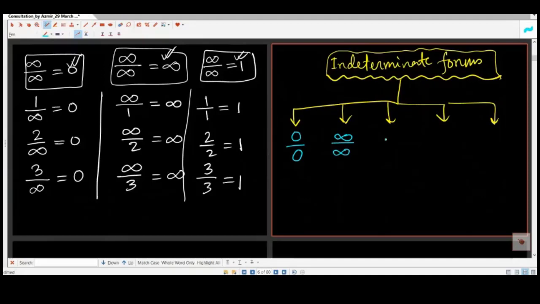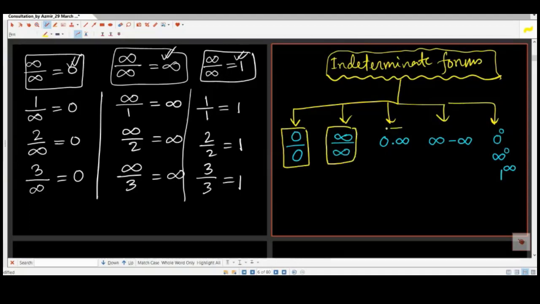The third type is 0 times infinity. The fourth type is infinity minus infinity. And the fifth type is 0 to the 0, infinity to the 0, 1 to the infinity. All these are called indeterminate forms.